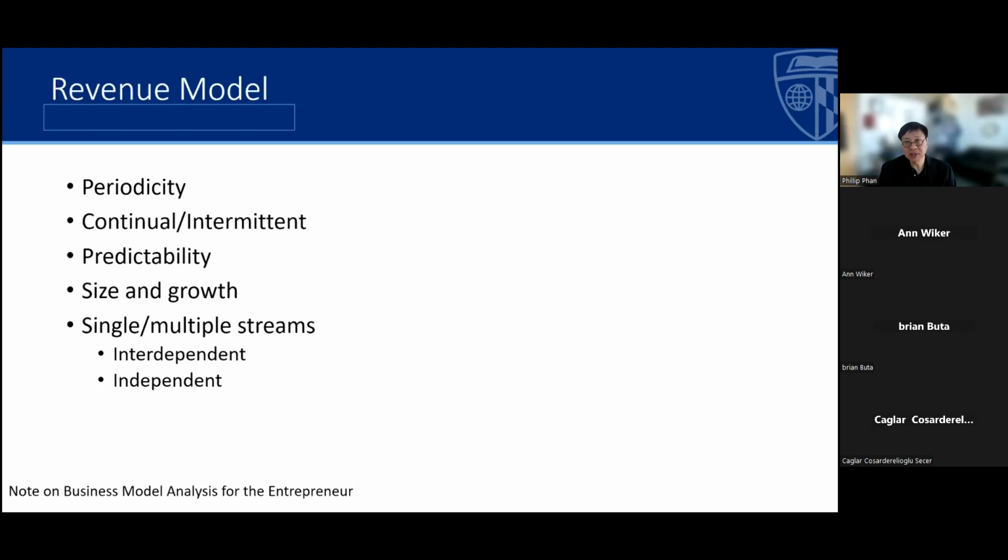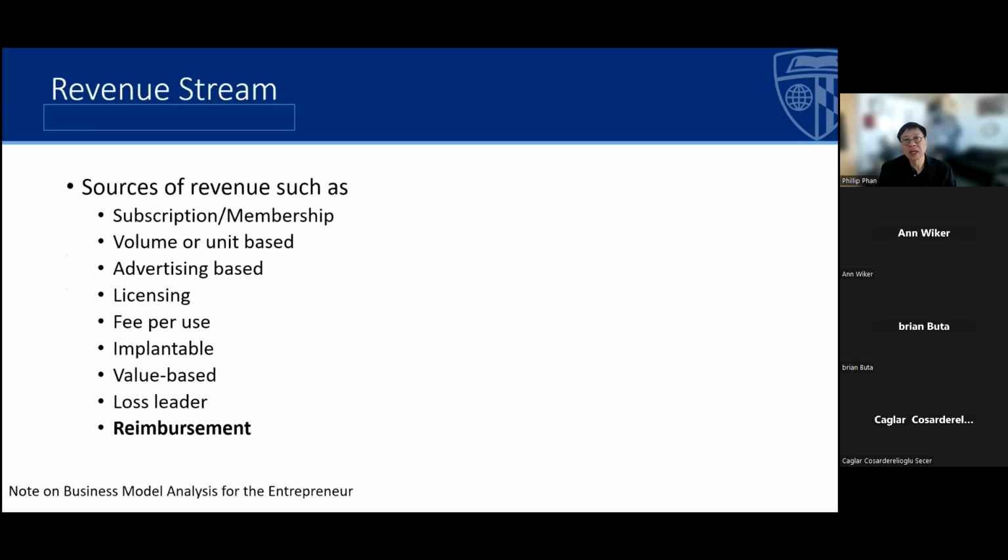The market that it's serving, and then it's also partially driven by your strategy. So you can actually decide how you want to make money. So from the standpoint of revenue streams, I mentioned a few things, but there are lots of different ways of actually making money from your product. And you want to think about this ahead of time, because the way you design how your product is actually sold, and I would even argue the design of the product itself, is going to be partially determined by how you think you want to sell it, right?